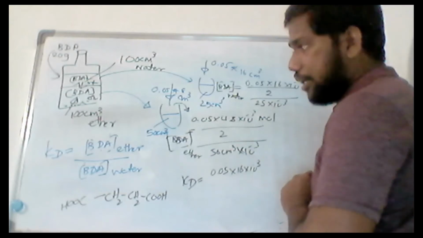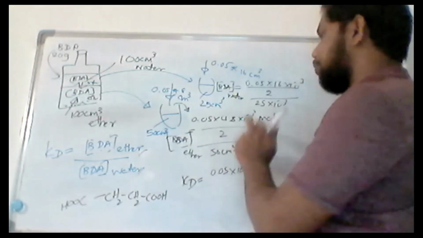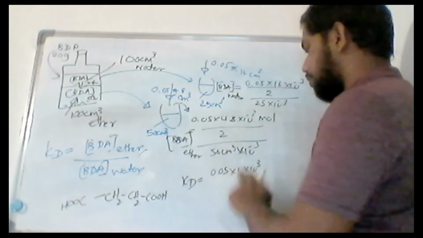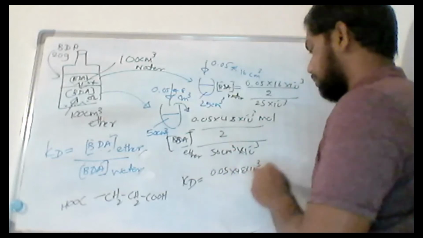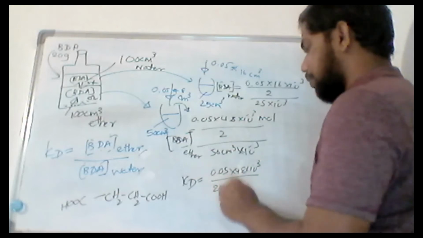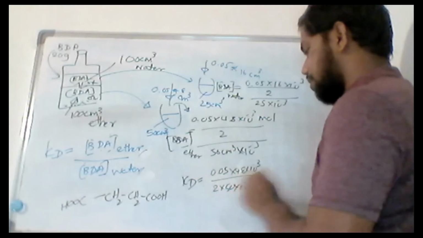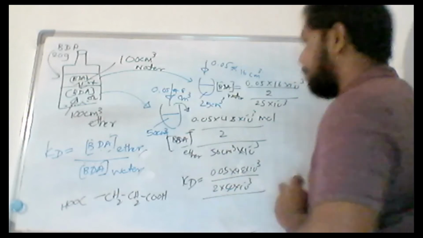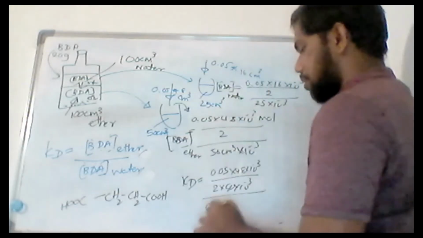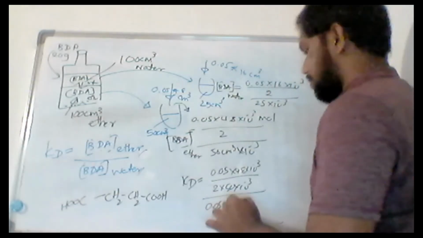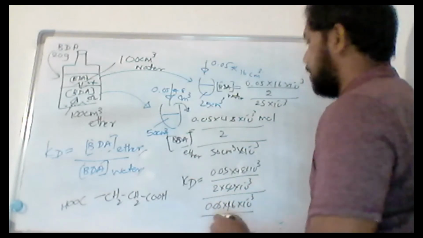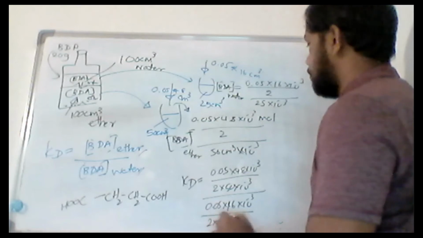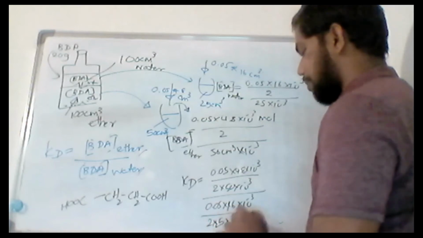They are asking between ether and water, so I'm going to use this one first. 0.04, 4.8 over 2 into 50 into 10 to the power minus 3, divided by this one, 0.05, 16 into 10 to the power minus 3 over 2 into 25 into 10 to the power minus 3.